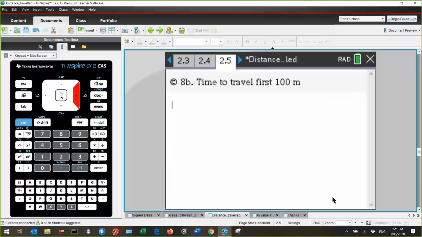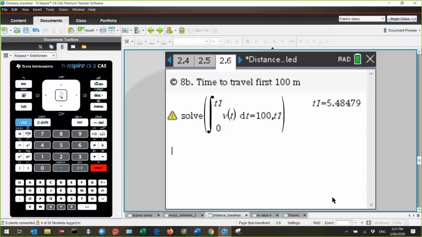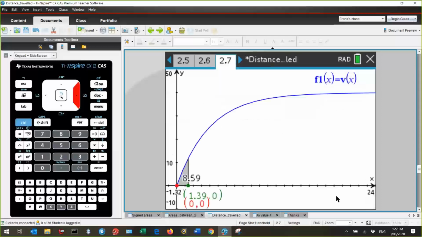So time to travel the first 100 metres, so I need to go from 0 to some value t1 equals 100, solve that for t1, and it's roughly 5.5 seconds. All right, so graphically, I need the area to be 100, so I just keep moving that till I'm at 100, which is around there somewhere, so roughly 5.5.